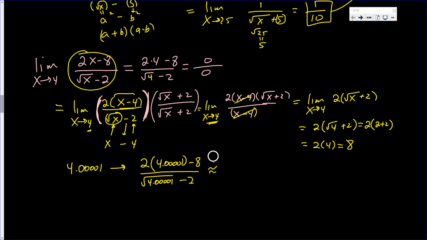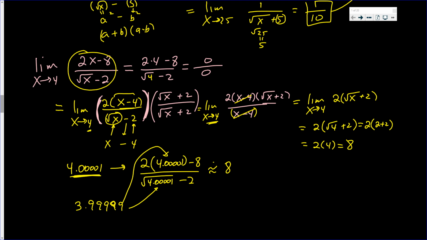And in one of the later videos where we do epsilon delta proofs, we'll show that you can get as close to 8 as you want by making this number closer and closer to 4. Of course, you could have plugged in 3.9999 in here instead of 4.0001, and you would have gotten approximately 8.